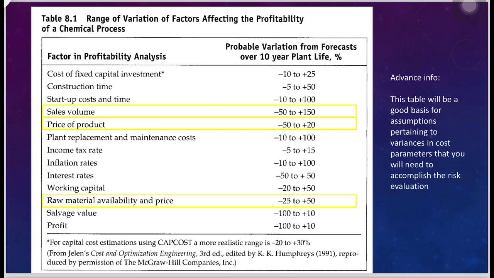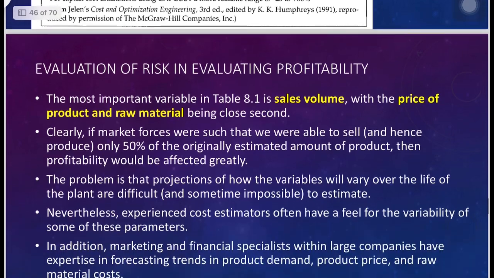All of this affects the profitability analysis. So this table will be a good basis for assumptions pertaining to variances in cost parameters that you will need to accomplish the risk evaluation.